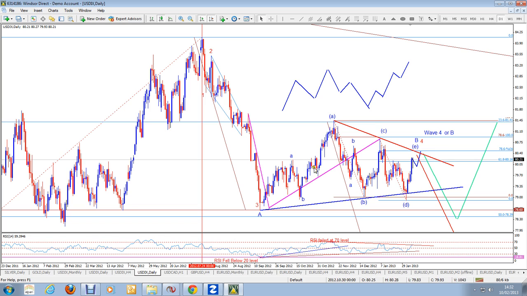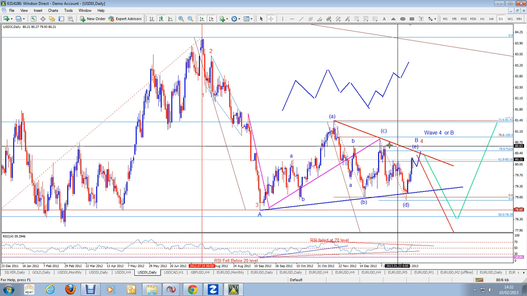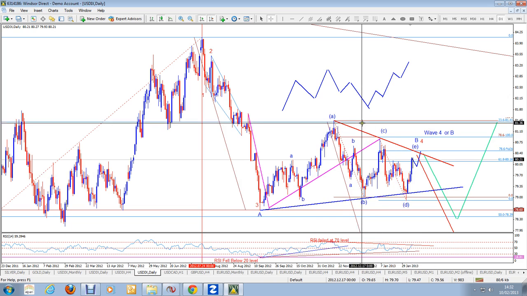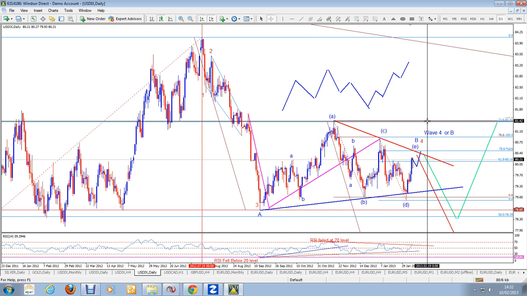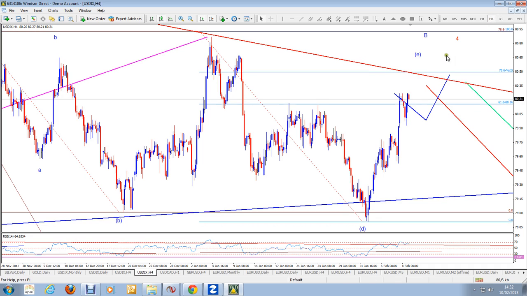It is entirely possible. Now, if we have a flat, then we are currently doing a 5 wave up, and we could very well in that case have the triangle fail, and the dollar index could climb almost back to the previous high we had here, the 81.50 area. That is possible, and in that case we would see a clear 5 wave to the upside.